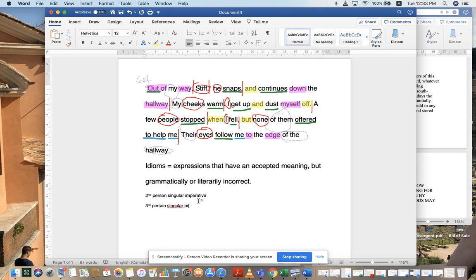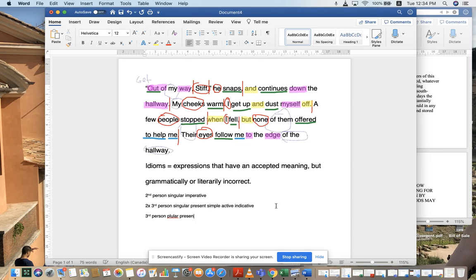It's present, it's simple, and it's active because it can take direct objects, and it's indicative. And continues is pretty much the same thing, so third person singular. Cheeks warm. Okay, so that would be third person plural this time because it's both cheeks.